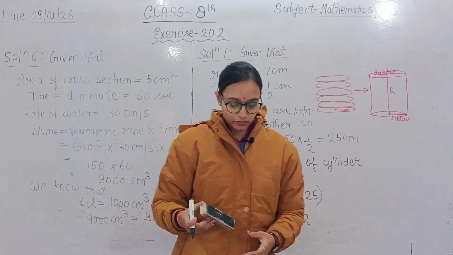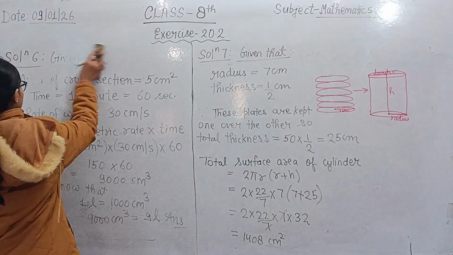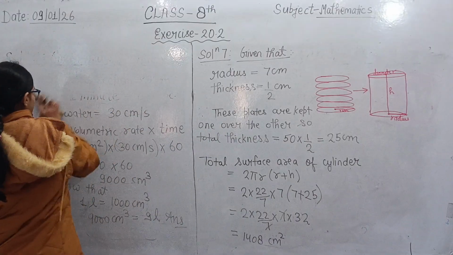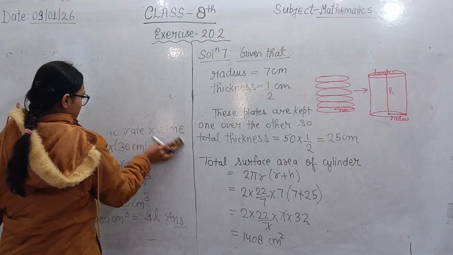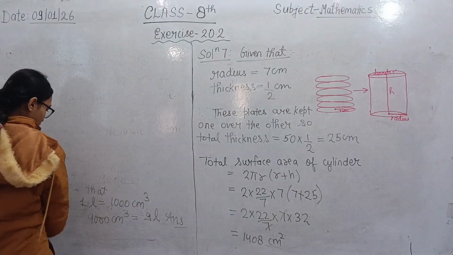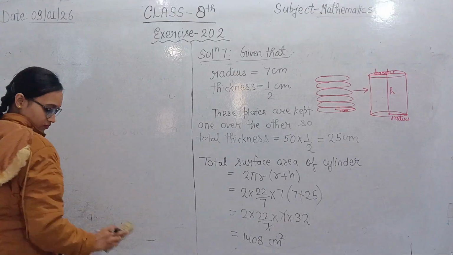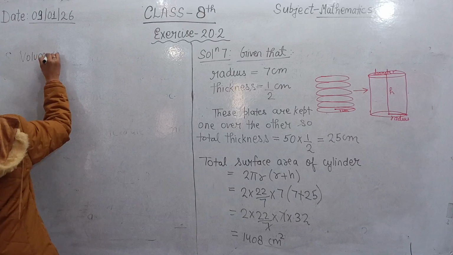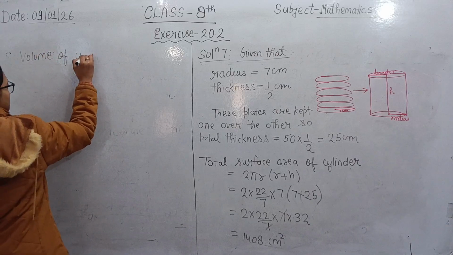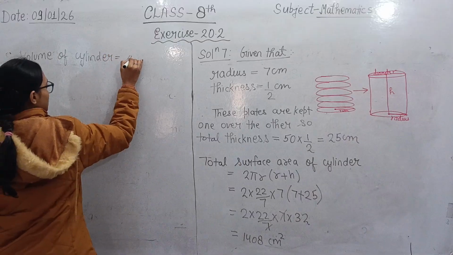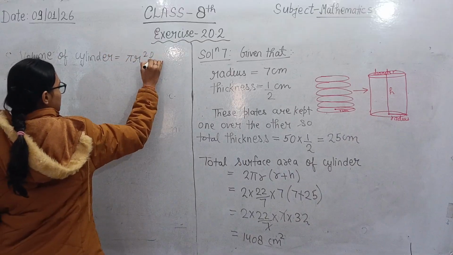Now we will calculate volume of the cylinder. So volume of cylinder is given as pi r square h.